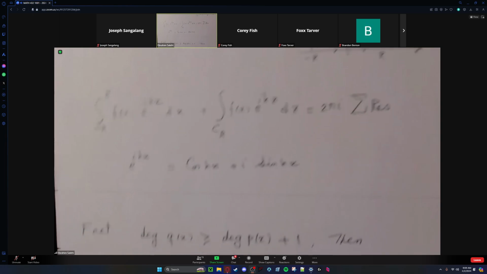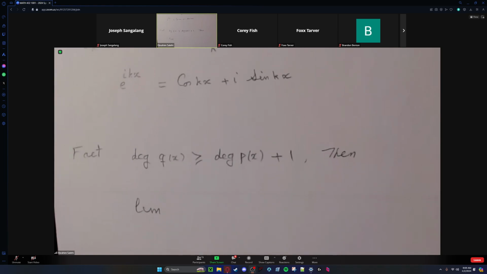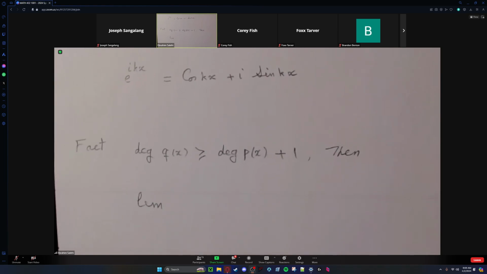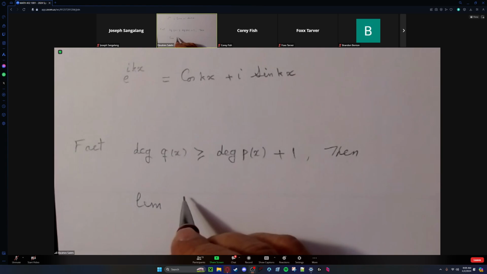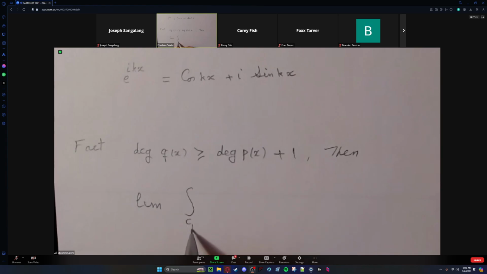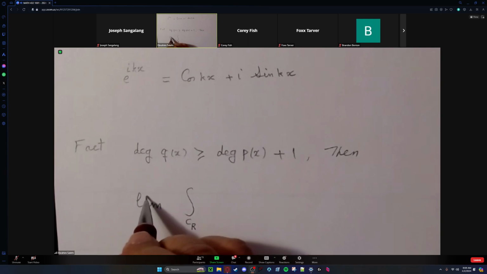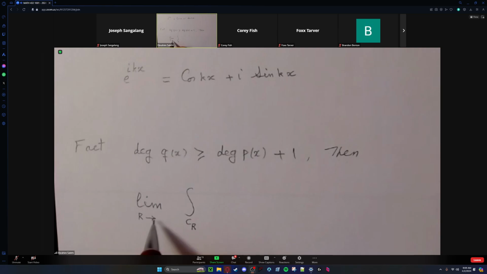Limit of the integral over CR, again, using the ML inequality, and there is another inequality called Jordan's inequality. Jordan's inequality also will be used here.